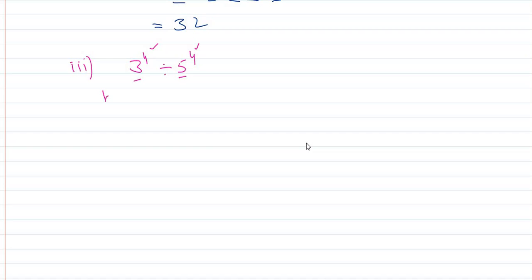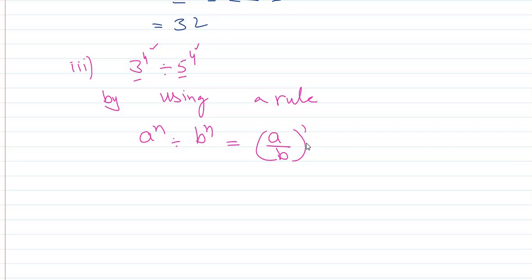So here we apply a rule. Which rule? A raised to power n divided by b raised to power n will be equal to a divided by b, whole raised to power n.